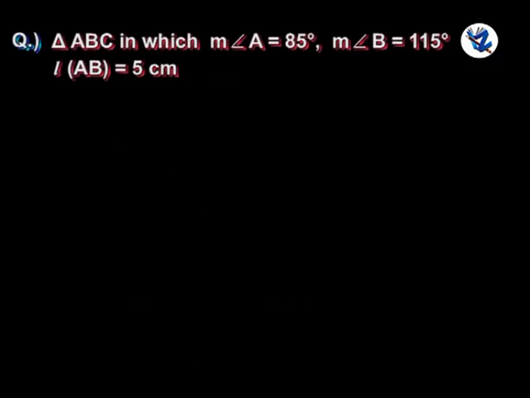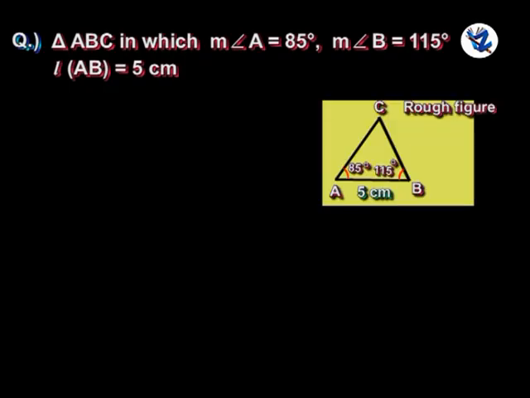Next, draw a triangle with the given data, triangle ABC, in which measure angle A is 85 degrees, measure angle B is 115 degrees and length AB is equal to 5 cm. When we look at this information, we get the conclusion that we are going to construct a triangle given two angles and the included side.